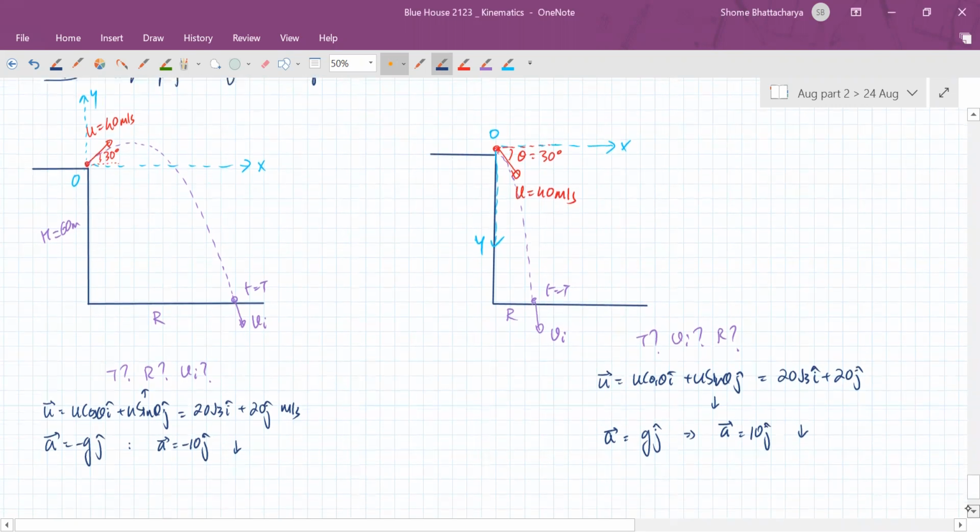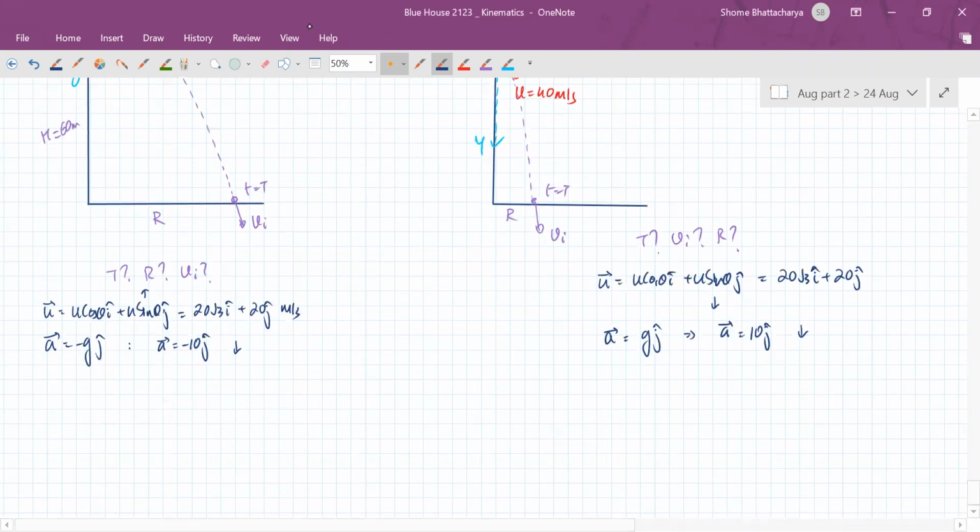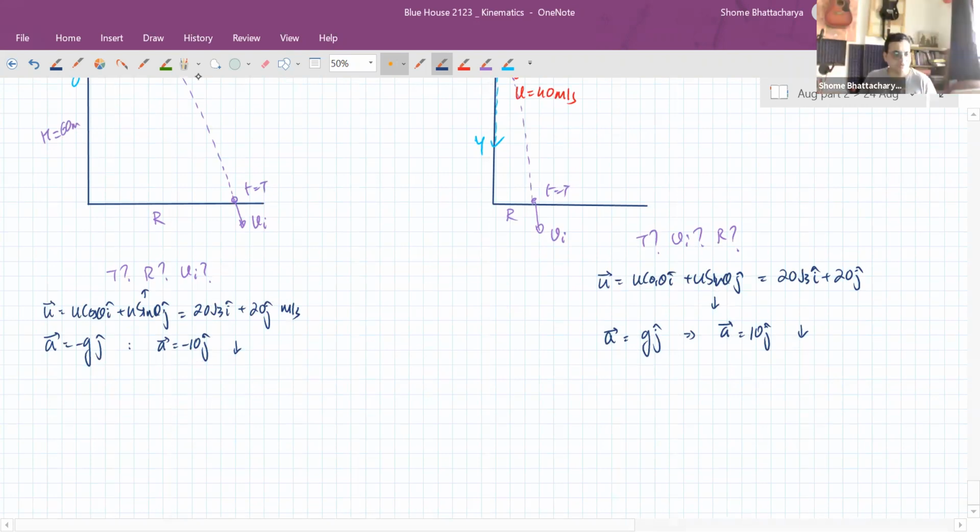Okay. So let's proceed with this now. In this case, you can see that ux is u cos theta or 20 root 3, and ax is 0.